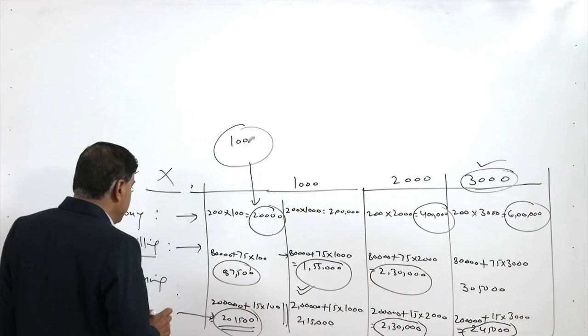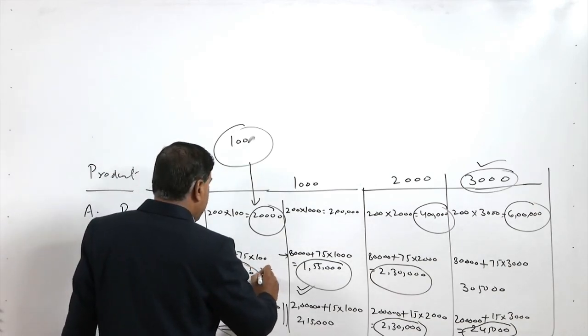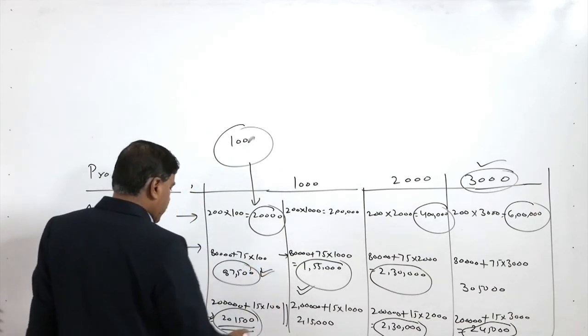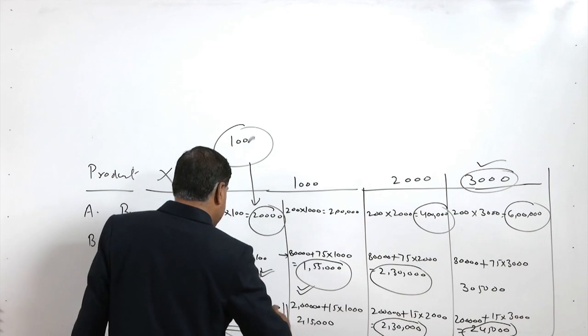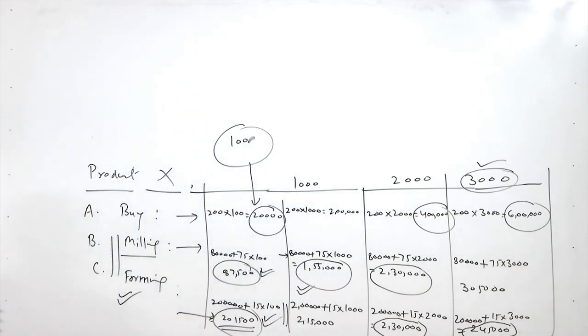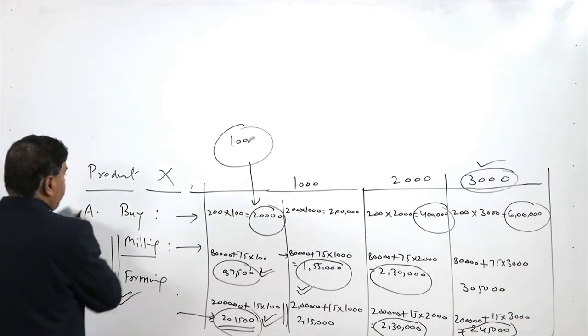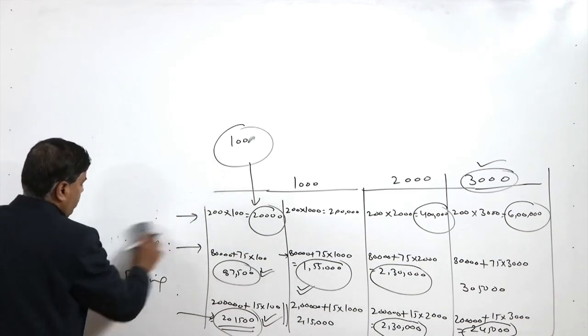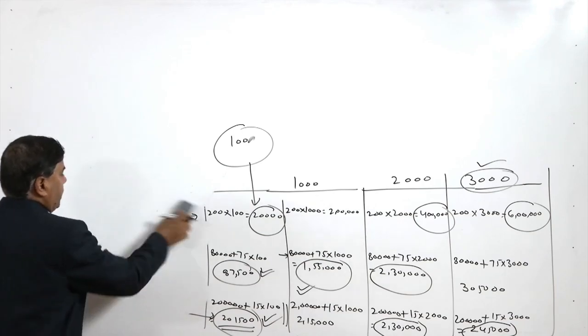And in case of milling it is 87,000, and for forming it is 2,05,000. So, this is what we can see: how to choose the best possible manufacturing process or combination of manufacturing processes. In both cases we try to obtain the total cost of the product for making using a particular option.